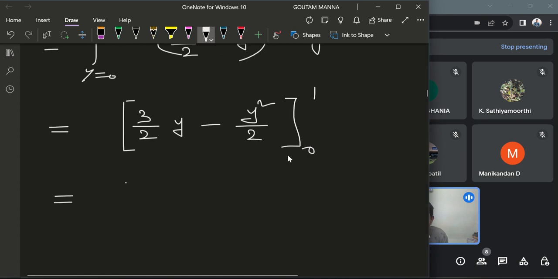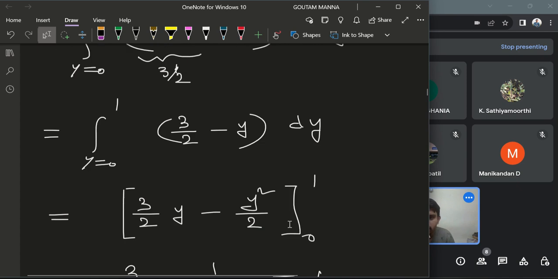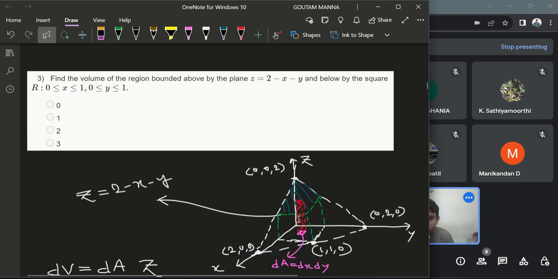For the upper limit, it will be 3 by 2 minus half, and if I put the lower limit, it will be 0. So if I do the subtraction, it will be 2 by 2, that is 1. So the volume covered by this region will be 1.